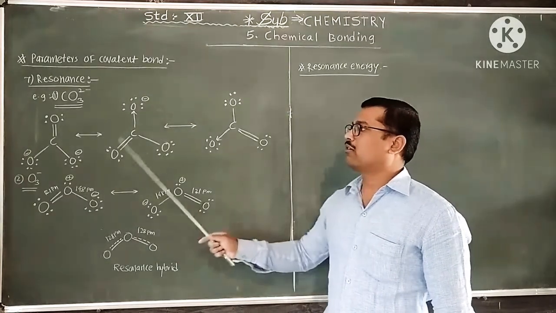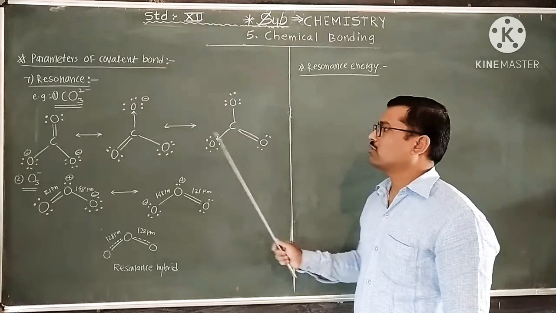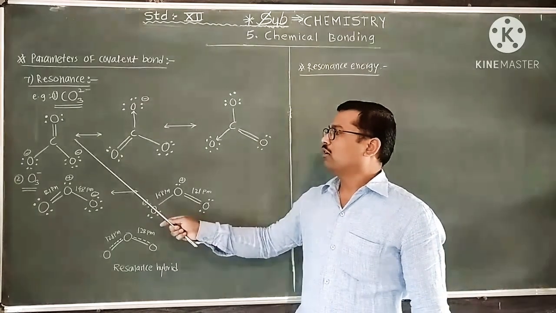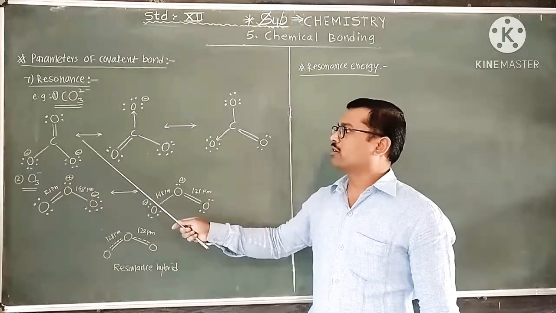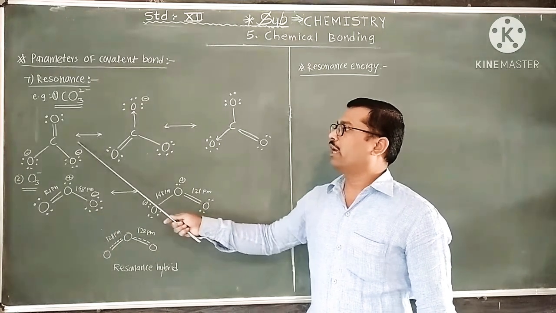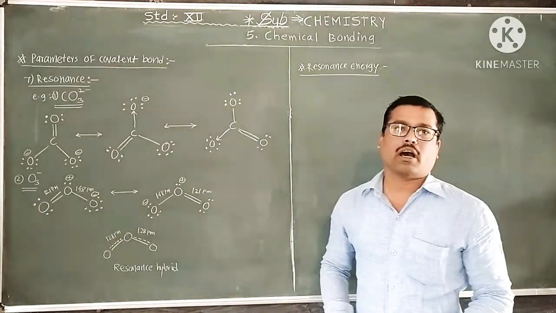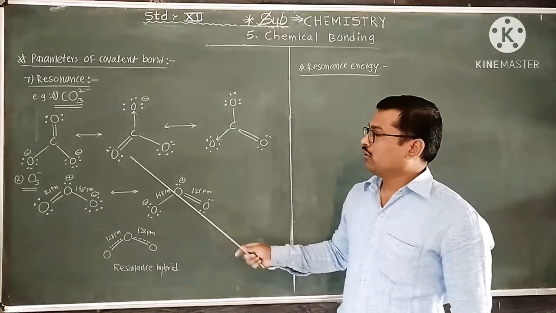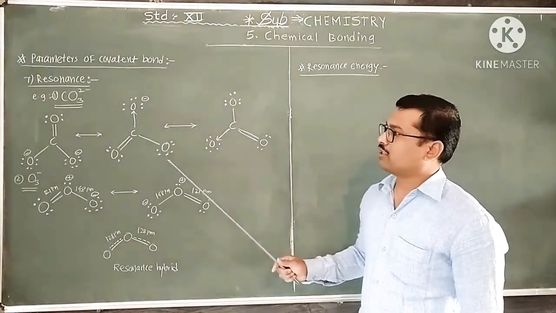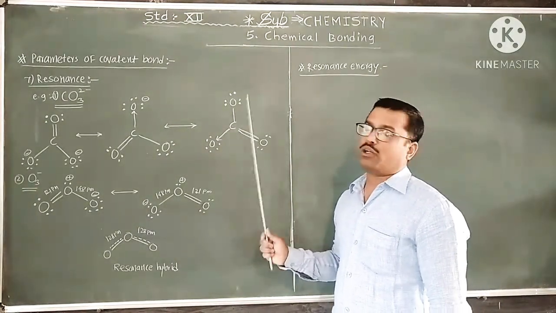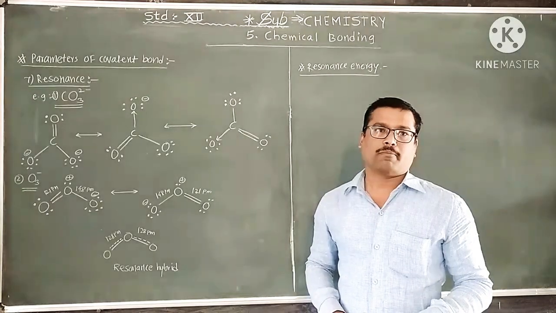Between two canonical structures there is a double-headed arrow. These canonical structures together are equal to the resonance hybrid.